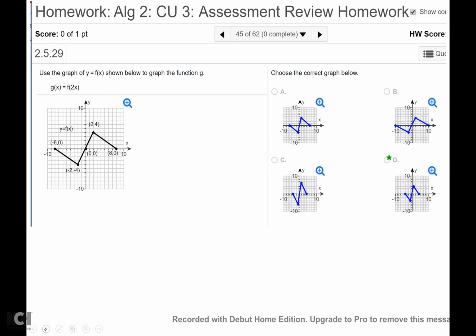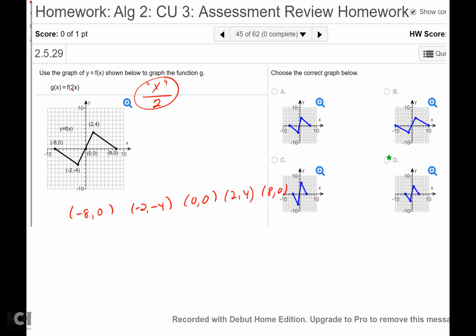This one says multiply the x's by 2, but we never do what we're told with x, so we're actually going to divide my x's by 2. So I have negative 8, 0, negative 2, negative 4, 2, I keep forgetting 0, 0, 2, 4, 8, 0.